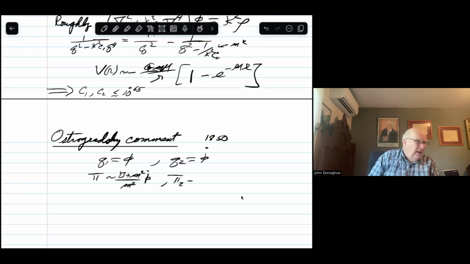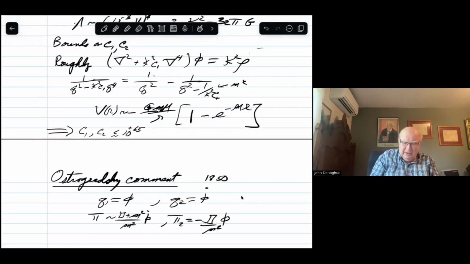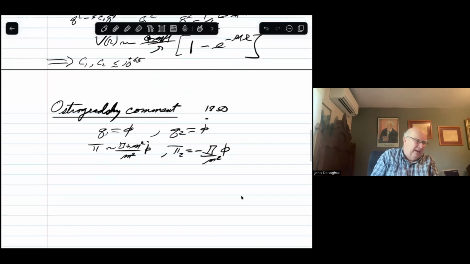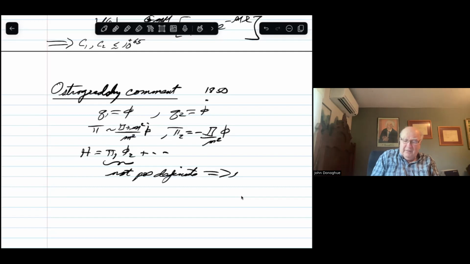You don't need to really know this, but it's minus box over m squared phi. So this is actually the same case that I have written up there, where that propagator gets factored with a factor of m. And the Hamiltonian then has a term pi 1 phi 2 plus other stuff. And this guy is not positive definite. So there's an instability. So the claim is an instability.